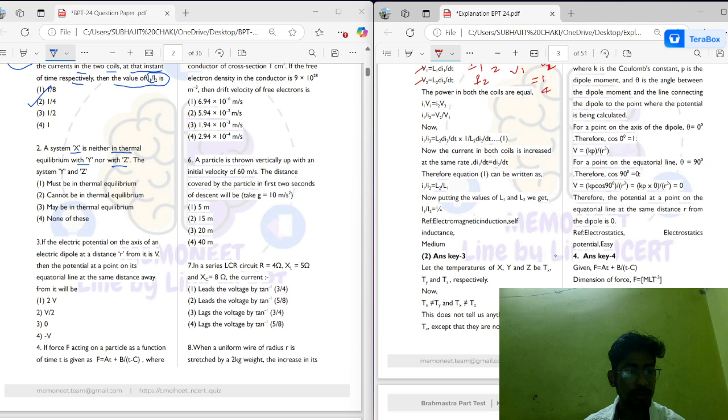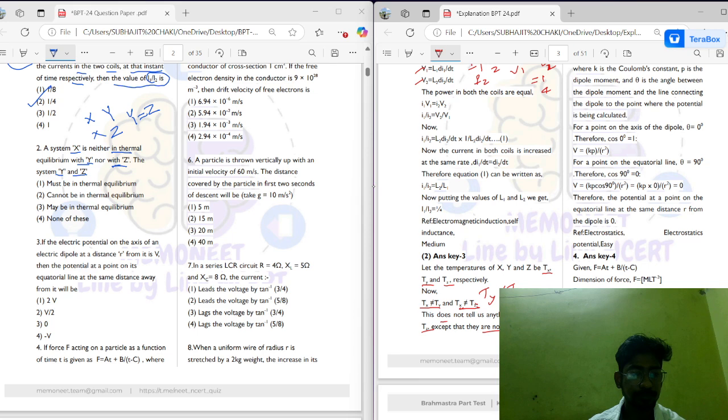But in this case, if the temperatures of X, Y, Z are Tx, Ty and Tz, then Tx is not equal to Ty and Tx is not equal to Tz. This does not tell us anything about Ty and Tz except that they are not equal to Tx. So they may be equal, they may be in thermal equilibrium or maybe not.